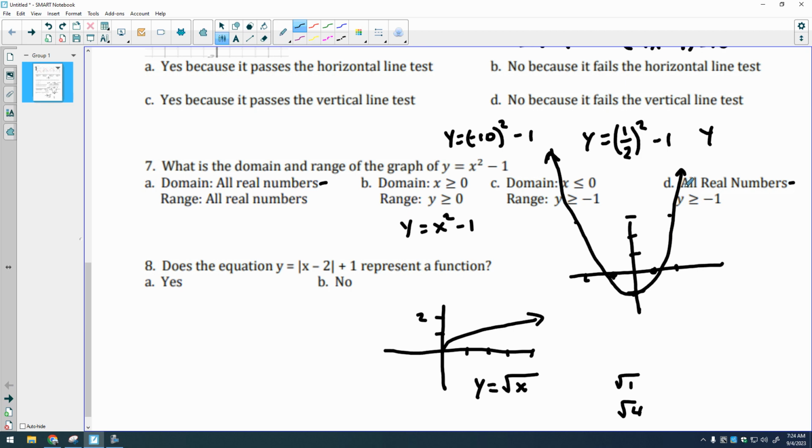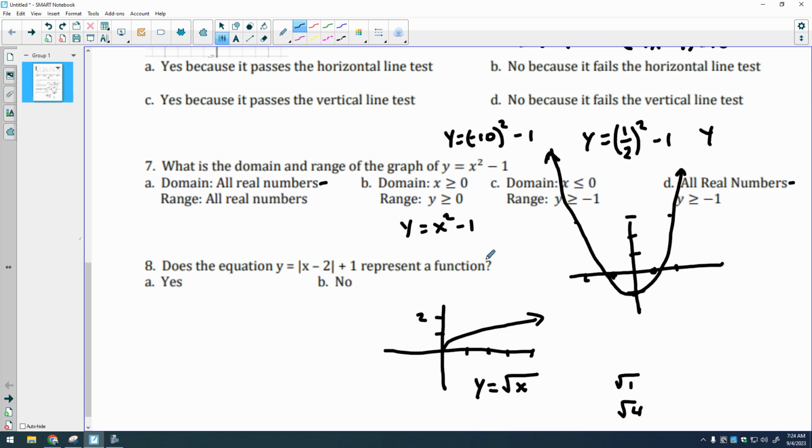So what's my range? My range is the set of all y values. So what y values am I passing through? Everything greater than or equal to a negative 1. There are no parts of my graph down here at negative 2, negative 3. My graph doesn't reach those values. In this equation, my graph will never pass through a negative 2.